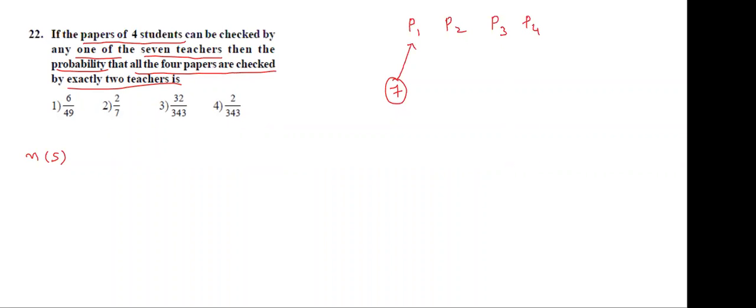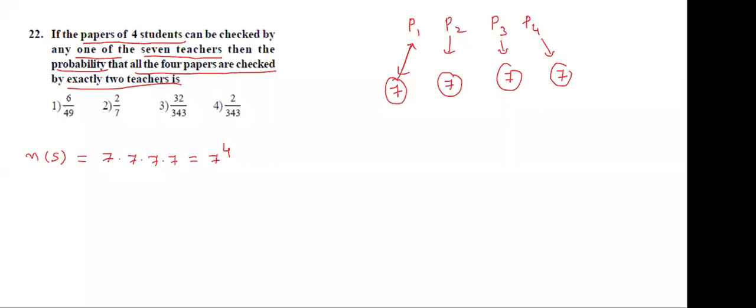Next, the second paper can be corrected. There are 7 chances because 7 teachers are there. In the third paper also there are 7 chances, and the fourth paper also has 7 chances. Okay, so N of S is 7 into 7 into 7 into 7, that is 7 power 4.